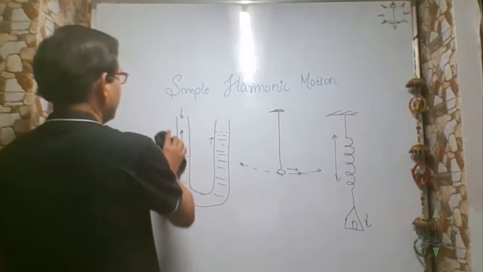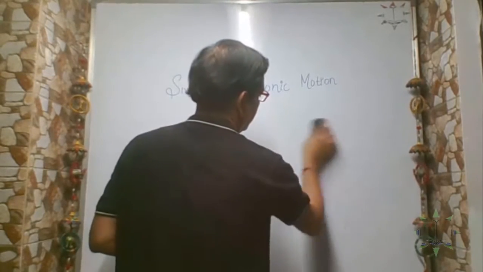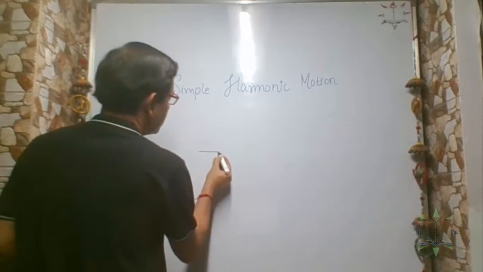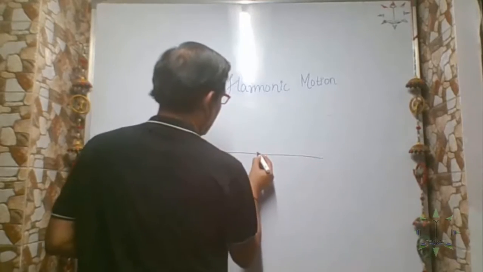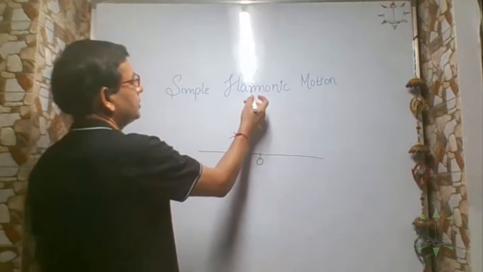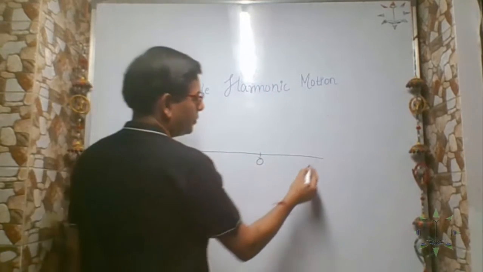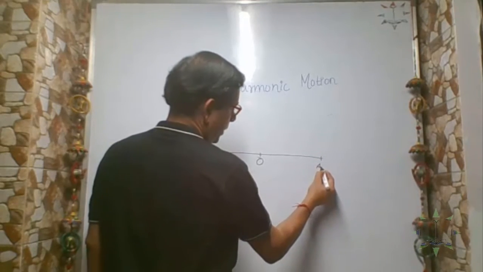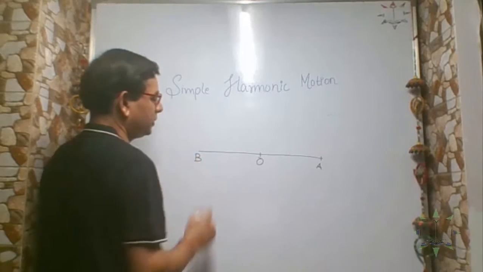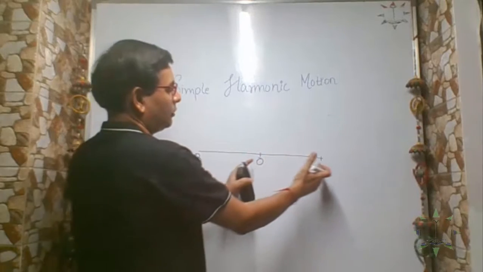Now, let us consider the path of a particle executing simple harmonic motion along this direction. This is called the mean position. Suppose you can imagine that there is a pendulum which is oscillating. It goes up to A in this direction, and up to B distance in the other direction. So this distance and this distance are the same.